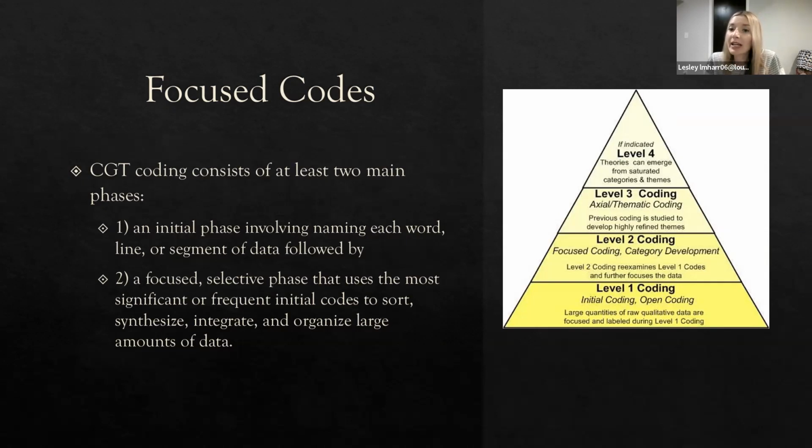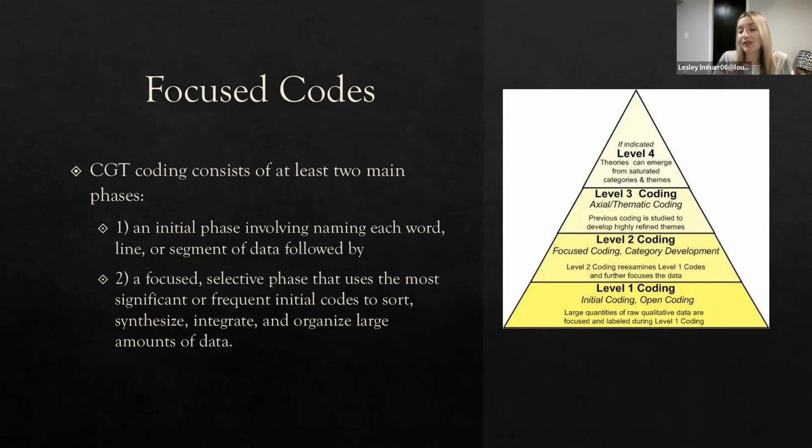So level 3, axial coding, the metaphor is like the axis or axes of a wheel, meaning that there are different spokes that connect the external part of the wheel to the internal part. And so those are codes that are really our connector codes.